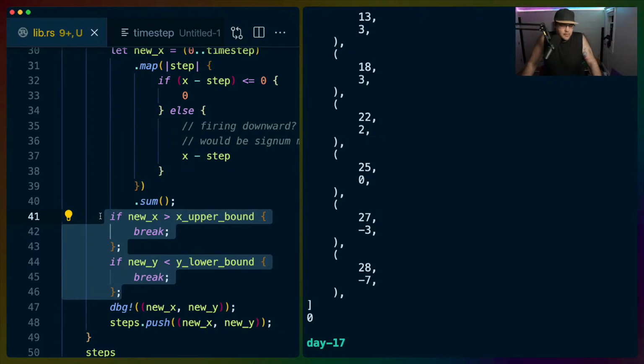New X is greater than upper X bound. No, you're talking about if X is less than min target X and Y is less than target Y. I don't know what target Y is.